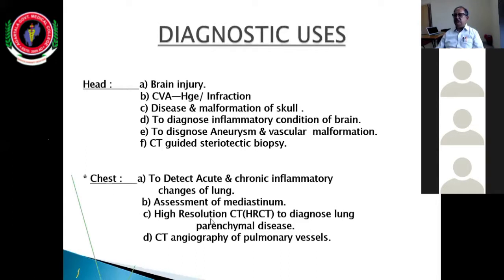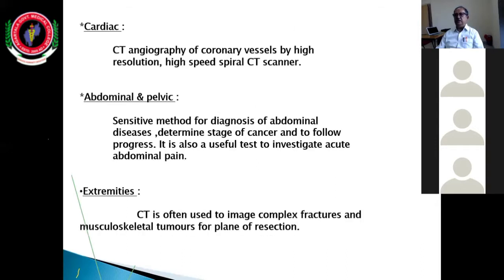Now for the chest, we will detect acute and chronic inflammatory conditions of the lung, assessment of the mediastinum and parenchymal diseases of the lung, and CT angiography of the pulmonary vessels. These are the conditions where we can go for CT scan. Cardiac CT and coronary angiography are possible.